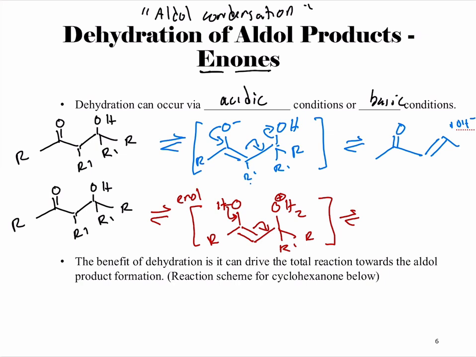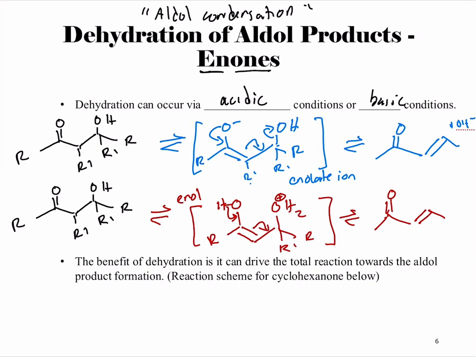And when we regenerate our ketone, we end up with the same product, which is our enone, right? So that's the enol generation versus the enolate ion. You get one of these two. You can proceed with dehydration in both of these ways.